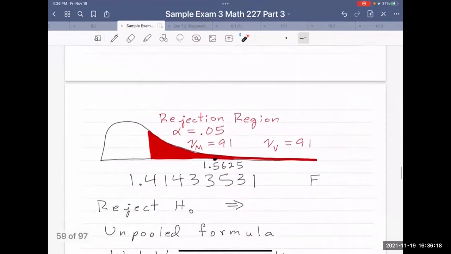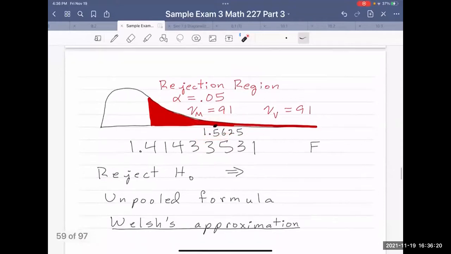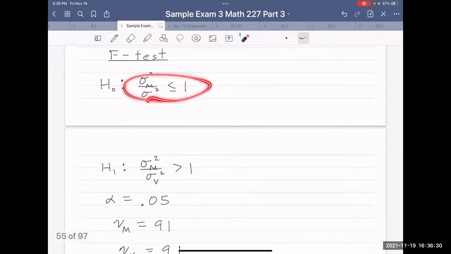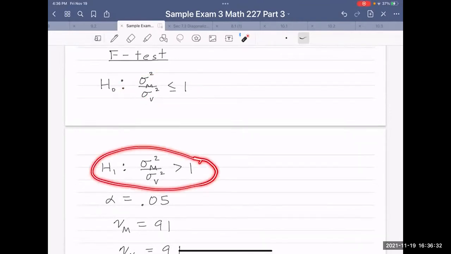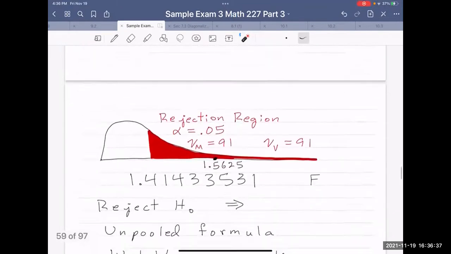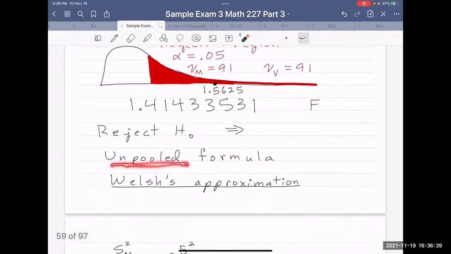So we are in the rejection region. So I reject the null hypothesis. So the variances are not equal. Therefore, we will use the unpooled formulas.